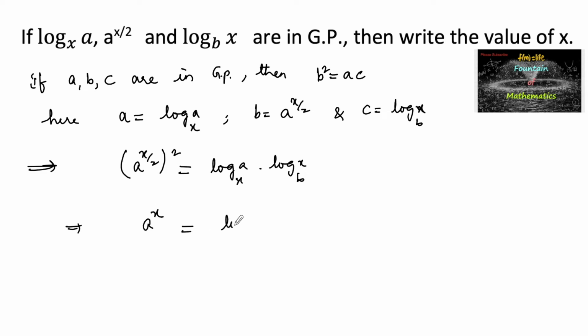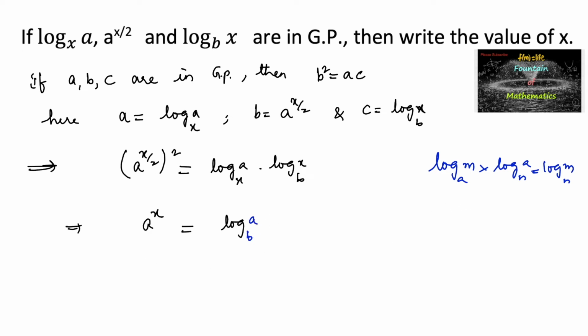We know the property log m to the base a into log a to the base n equals log m to the base n. So here log a to the base x into log x to the base b can be written as log a to the base b.